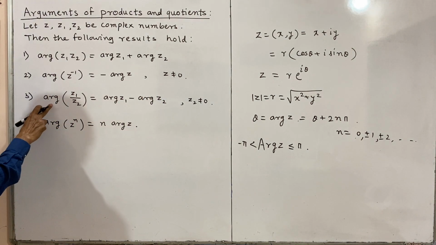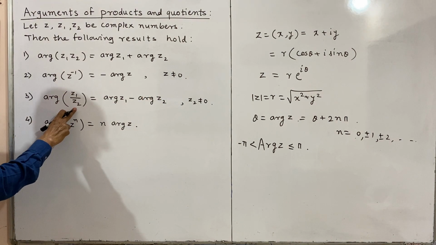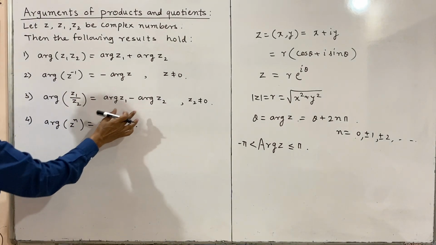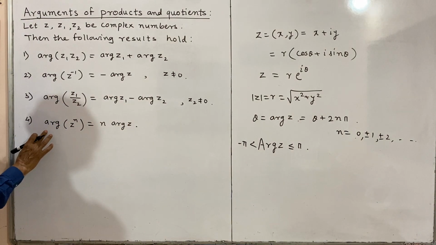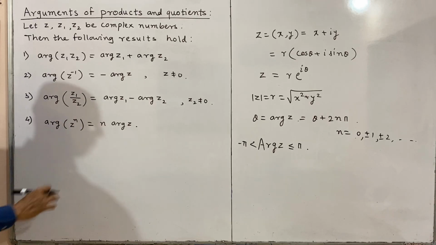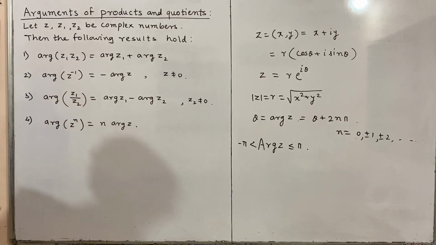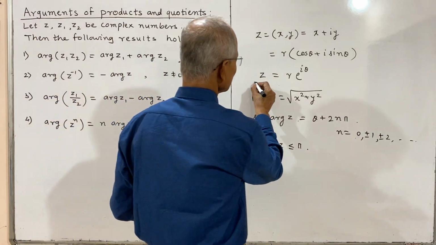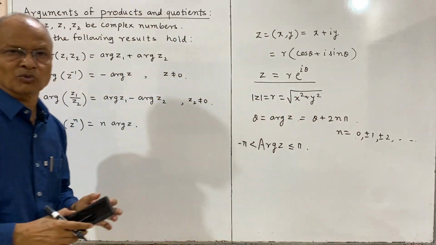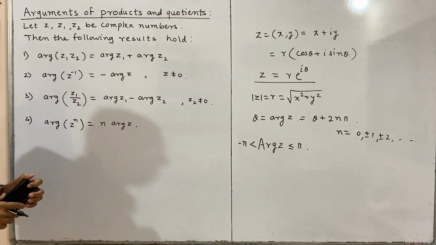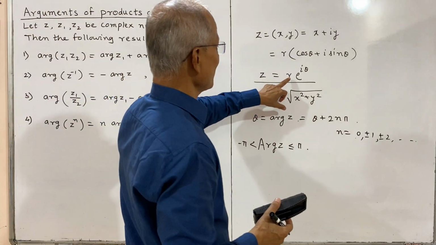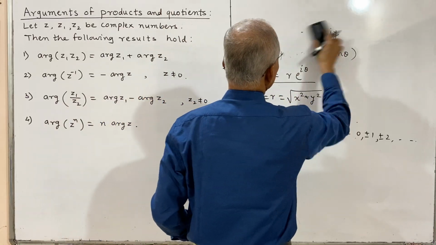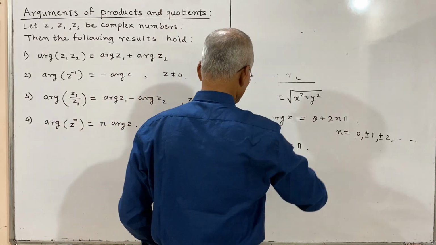Third, argument of z1 divided by z2, z2 non-zero, is equal to argument z1 minus argument z2, and argument of z power n is n times argument z. These are the four results that we will prove, and to prove them we shall use the exponential form of a complex number, that is z written as r e power i theta. We shall prove these results one by one.